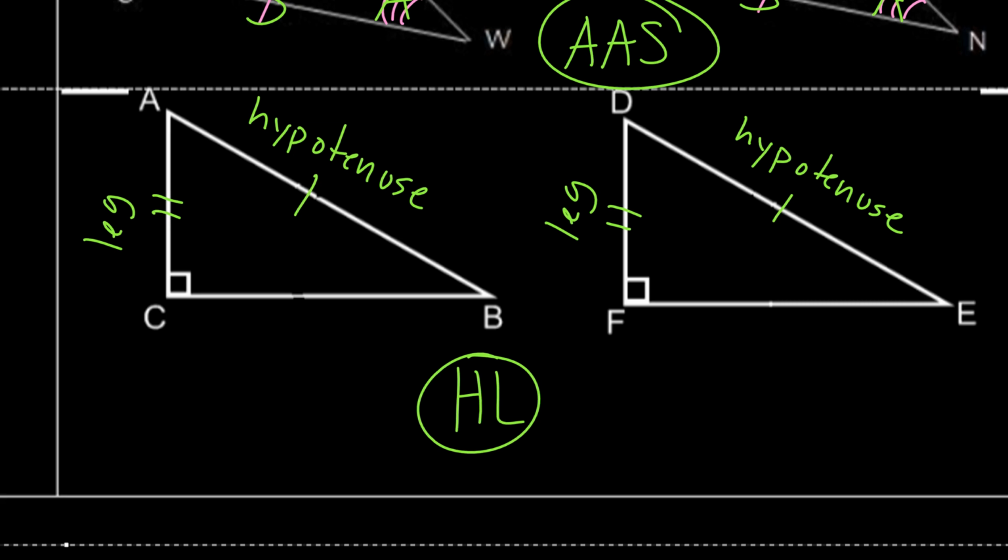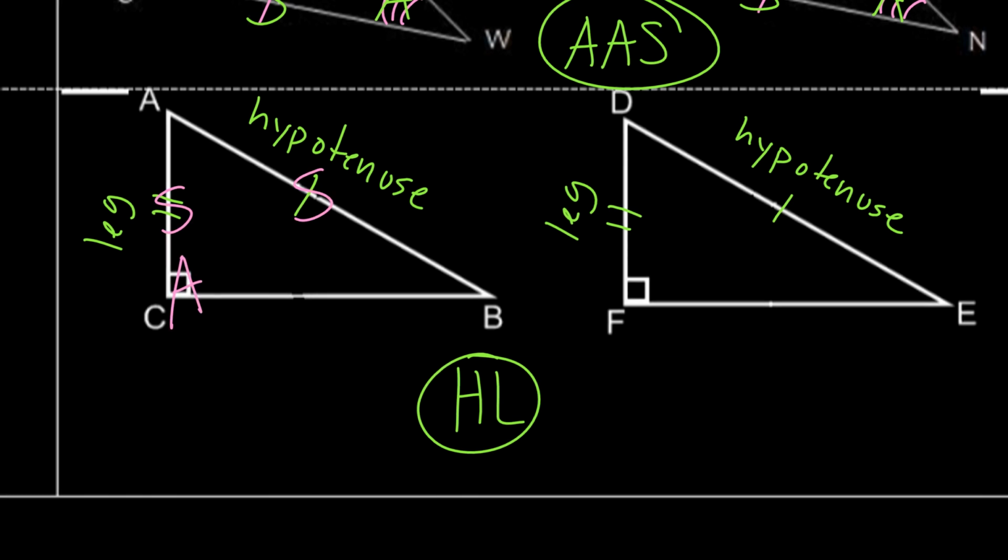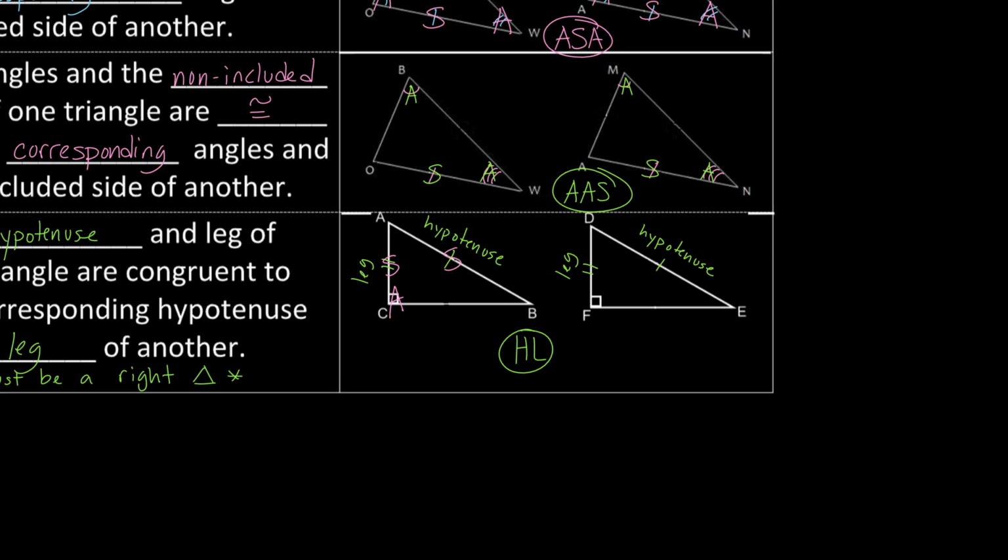So if I was to put, now don't put this on your paper, but if I put A's and S's, how do these triangles read? ASS. Was ASS one of our congruence postulates? No. In fact, it's not a congruence postulate, and we'll go over that in a second. When it reads ASS and it has a right angle, then you check for HL, okay?